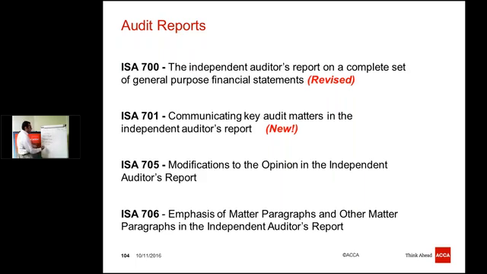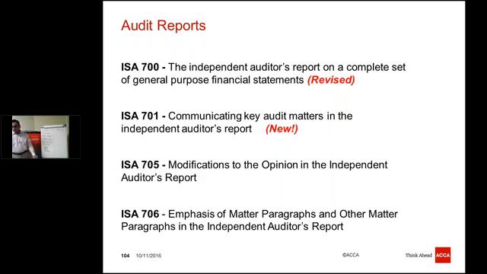And then there would be 3 standard things: the auditor's signature, auditor's date, and the auditor's address on which the auditor has signed the audit report on the financial statements. So you have the sign, the date, and the address of the audit. This is what you used to see in the old IAC 700.